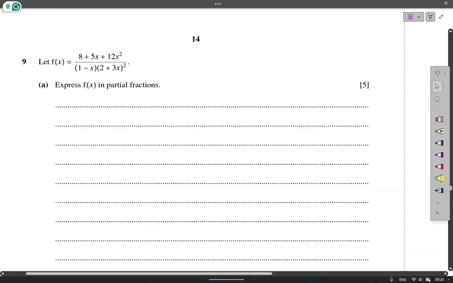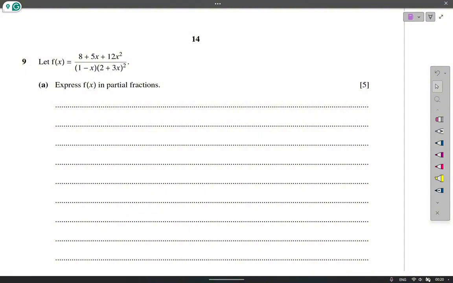Okay, question number 9 asks: express f of x in partial fractions. To get partial fractions, first we have to decide the final form of partial fractions.